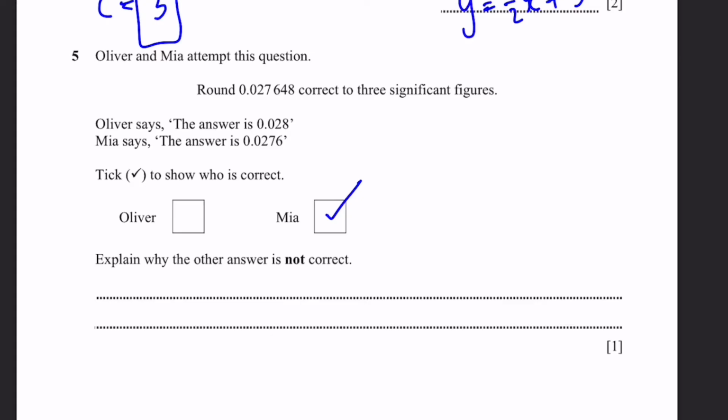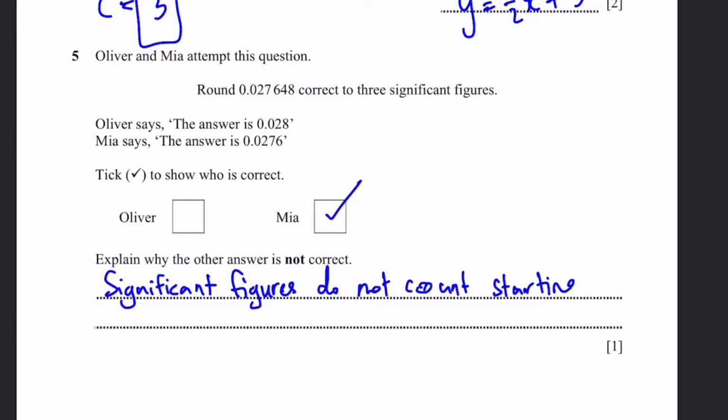0.0276. The reason is that significant figures do not count starting zeros. What do I mean by that?